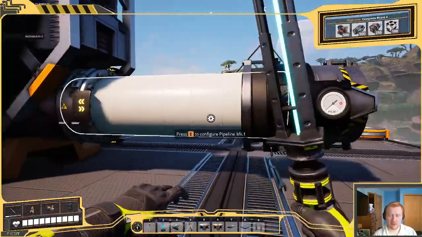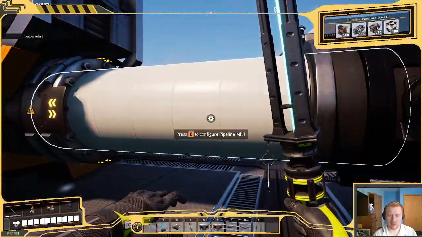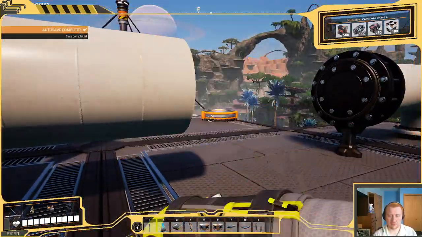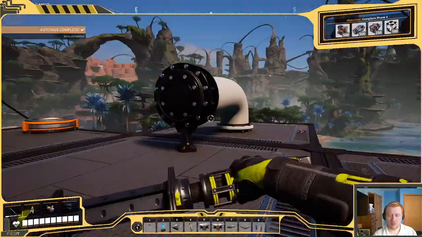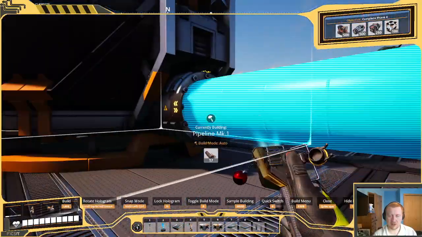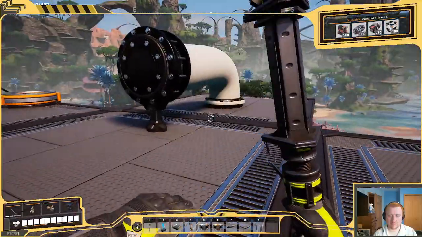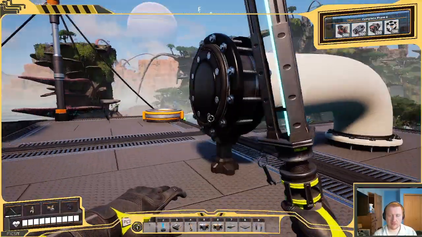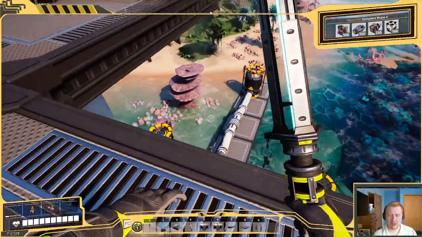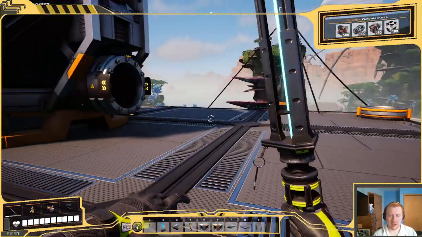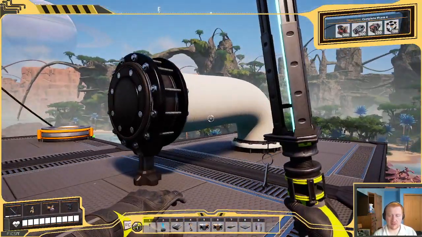on the output, I'm only going to use the Mark 1 pipes because I don't want to exceed 300 meters cubed per minute, because I'm going to show kind of what one can do.